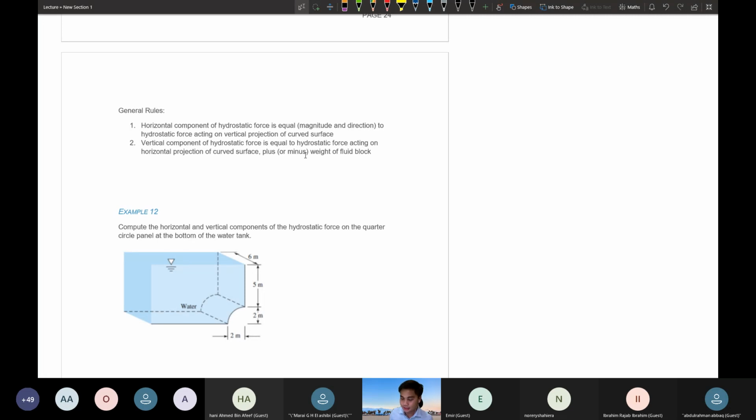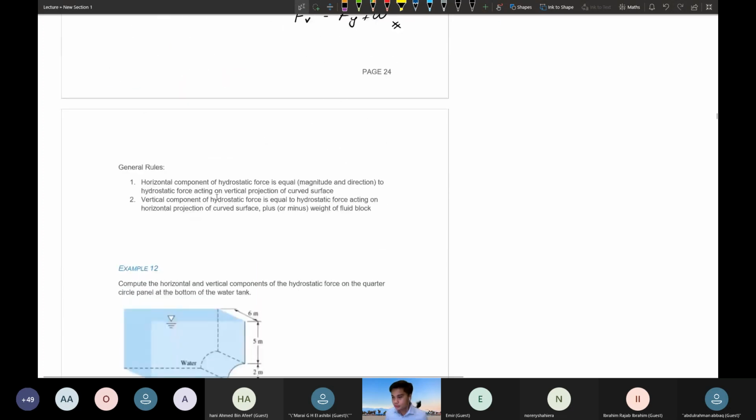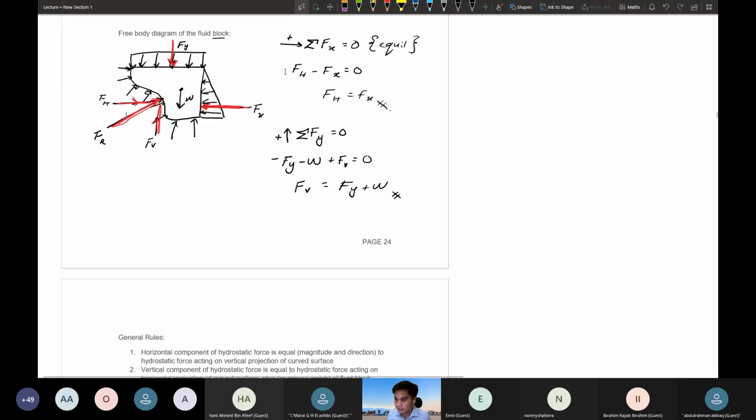So this is the general rule. As I mentioned before, the horizontal component of hydrostatic force equals the hydrostatic force acting on the vertical projection of curved surfaces. That means FH equals Fx, where Fx acts on the vertical projection.